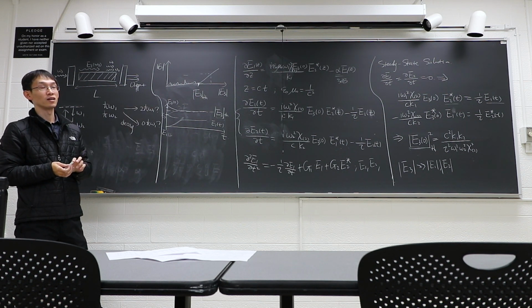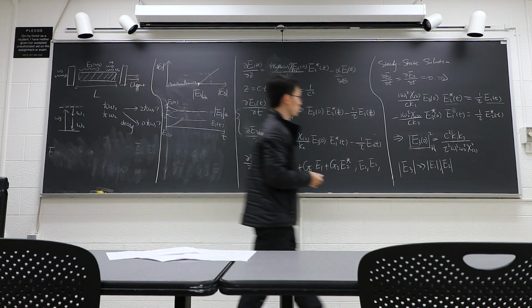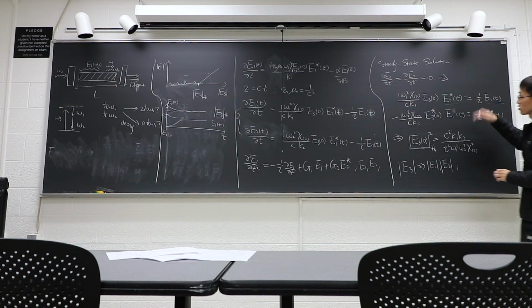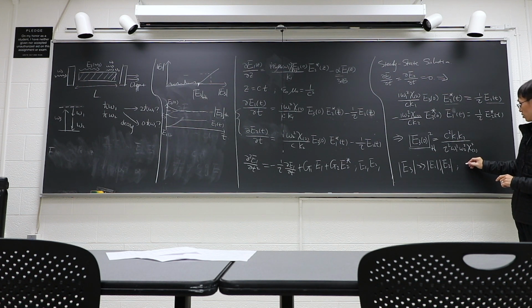Okay, and then if you want to publish a paper using this type of assumption, the next thing you need to do, well, it's actually hard here, but usually what you need to do next is to solve the steady state solution for E1, E2, and E3.